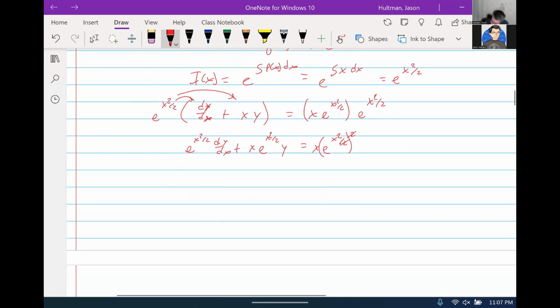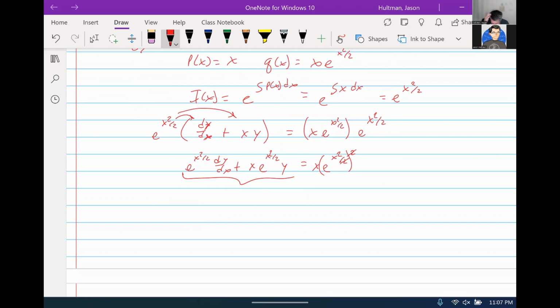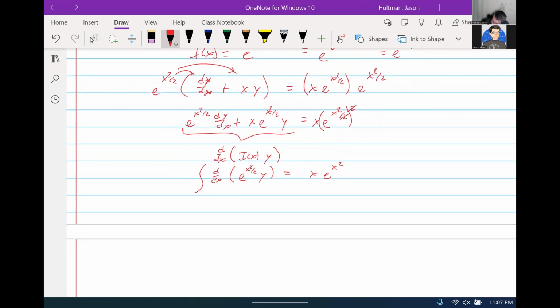Okay. So what is this going to become? Okay, remember that it becomes d dx of I of x y. That's why we do this. Okay, what's my I of x? Well, my I of x was e to the x squared over 2. So this is d dx of e to the x squared over 2 y is equal to x e to the x squared. Okay, so now we want to integrate both sides. The integration and the differentiation undo each other.